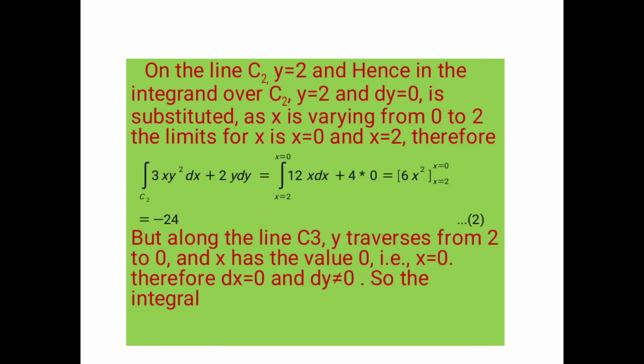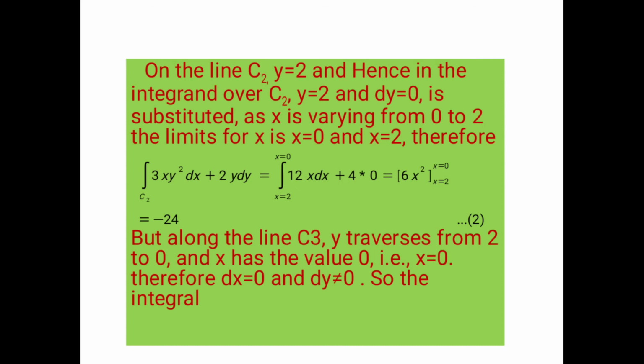Now on the line C2, as I told earlier, it is the line y = 2 varying from the point (2, 2) to the point (0, 2). So here x is varying from 2 to 0, but y will remain constant, that is y = 2, and hence its differential dy = 0.